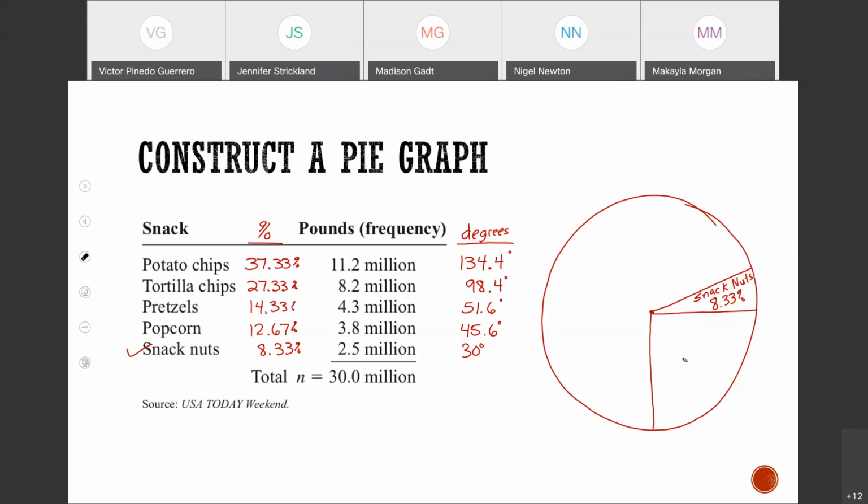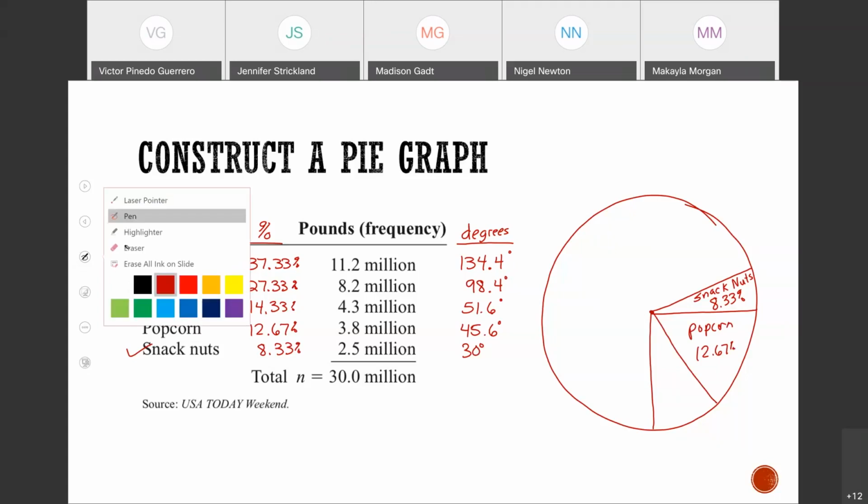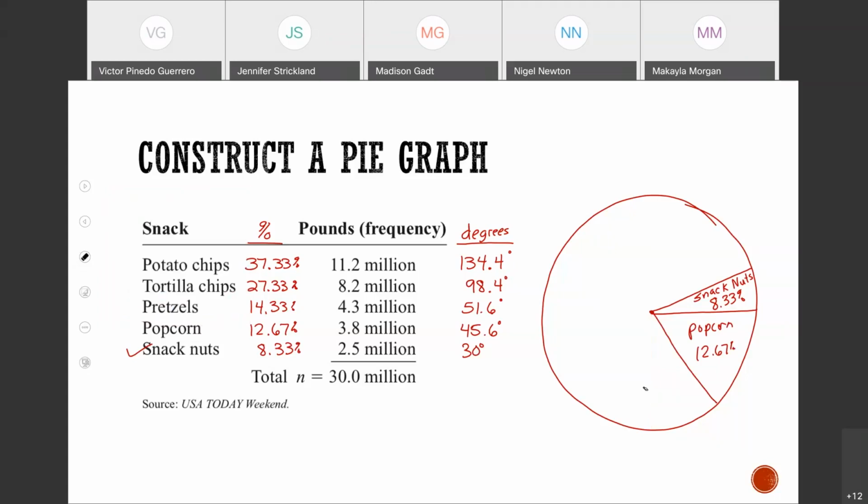So I'm going to take a line and cut it in half. And then I'm going to say this is popcorn, and put the percent, 12.67%. I'm going to erase what I didn't need, which is this other part right here. All right, and now popcorn is done.